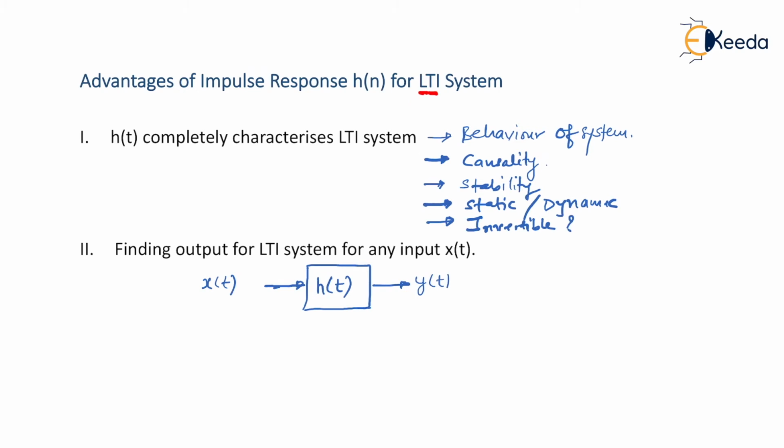Then you can determine y of t, where y of t is x of t convolved with h of t, because x of t is an input that we are applying of our interest, and h of t is an impulse response, in advance known to me. So it is quite possible for us to derive y of t mathematically by using y of t equal to x of t convolved with h of t. Now the sign over here is an operator called the convolution operator.